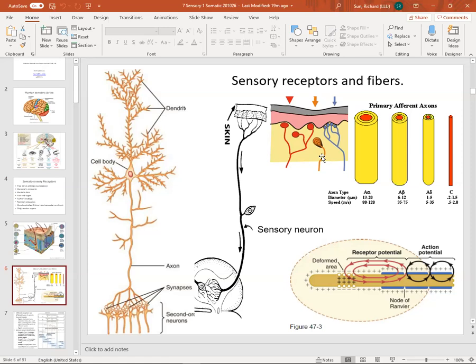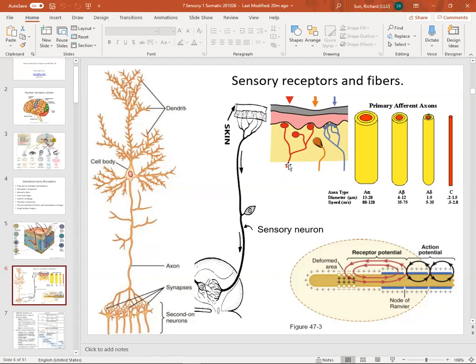And these neurons are not only different in receptors, they also differ in the axon fibers. The type of axon fiber here is the primary afferent axon. So that's the signal coming in. This is the sensory neuron we are talking about, because it is a signal coming into the body.